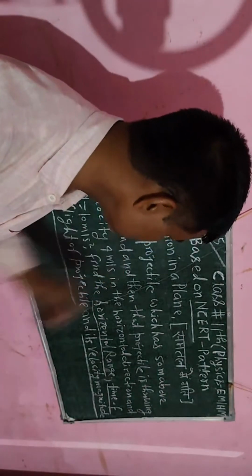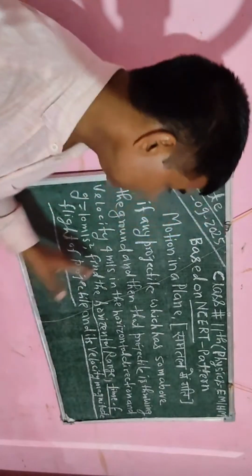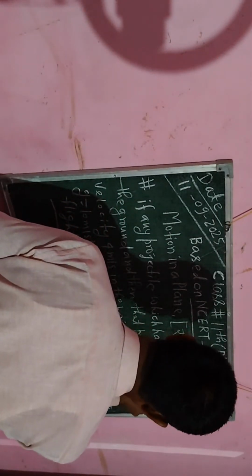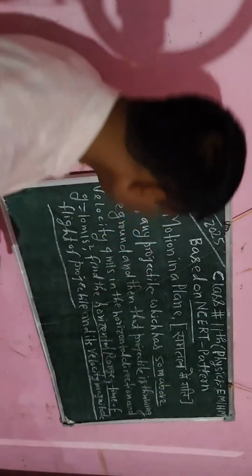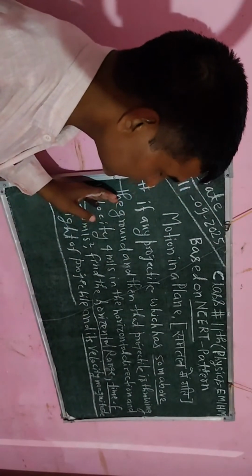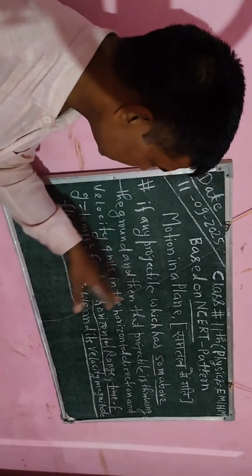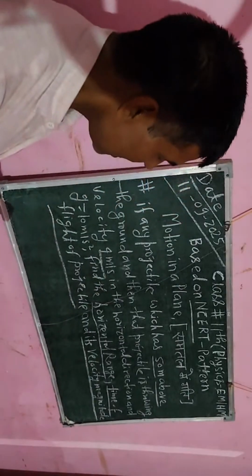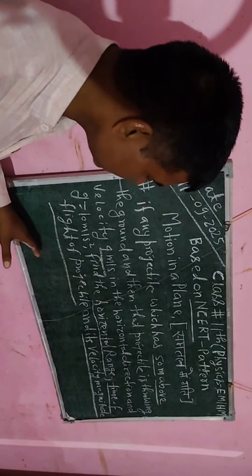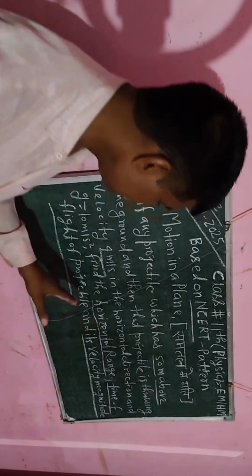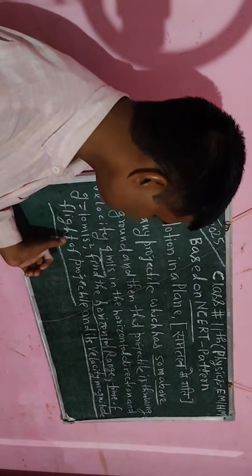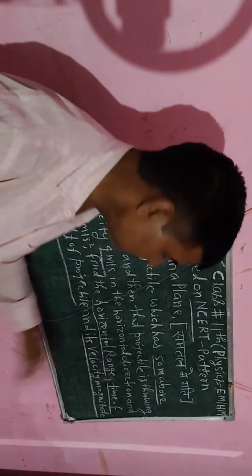Now in this question, the information available is that a projectile is 50 meter above the ground, and that projectile is thrown horizontally with velocity 4 meter per second, and then we will find the horizontal range, the time of flight of the projectile, and also its velocity magnitude.